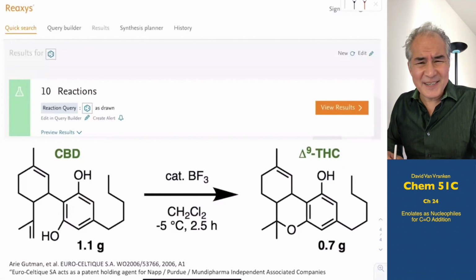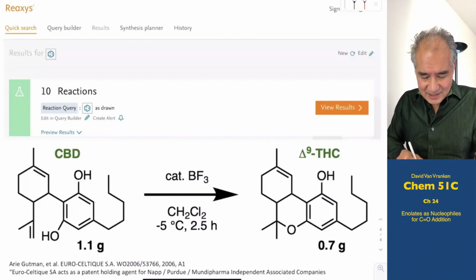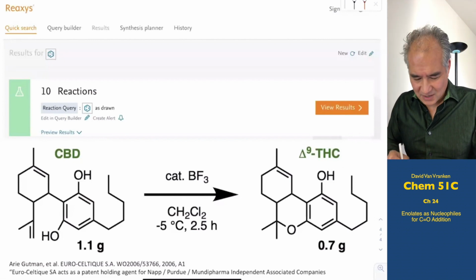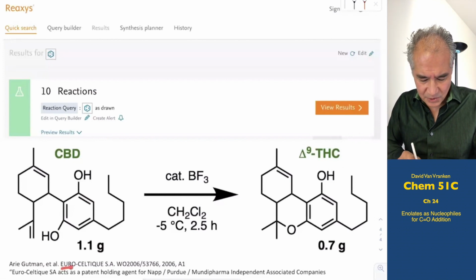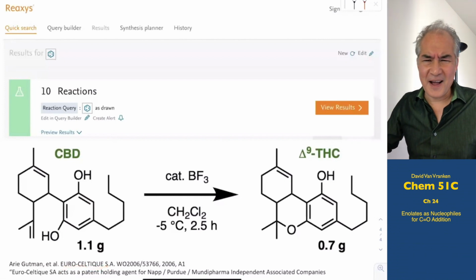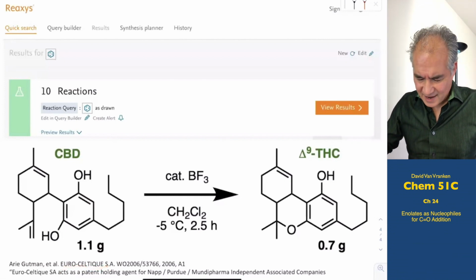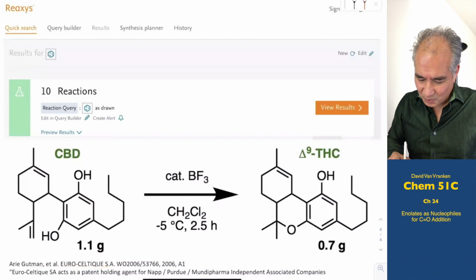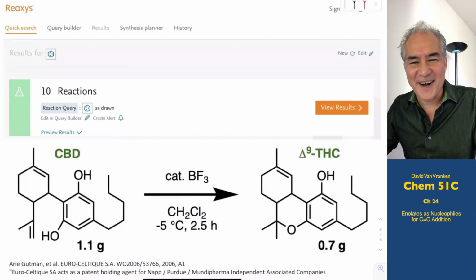So who's publishing these types of things? Who's patenting these types of procedures? I looked at this particular reference at the patent. It was some company called Euroceltic, not a regular pharmaceutical company, which surprised me. So I typed that name online. It turns out that Euroceltic is a holding company of Purdue Pharma.